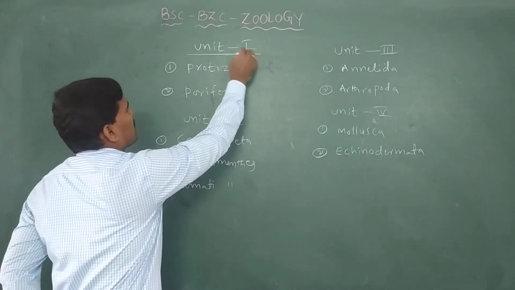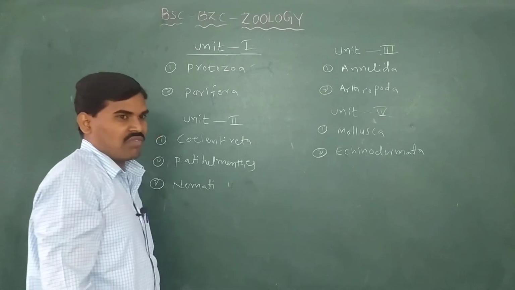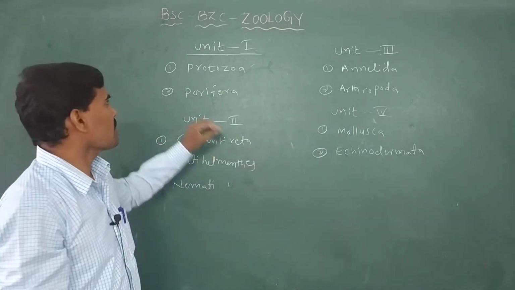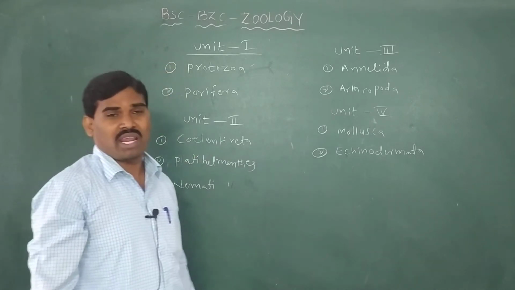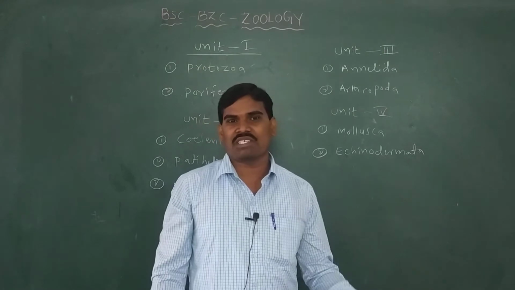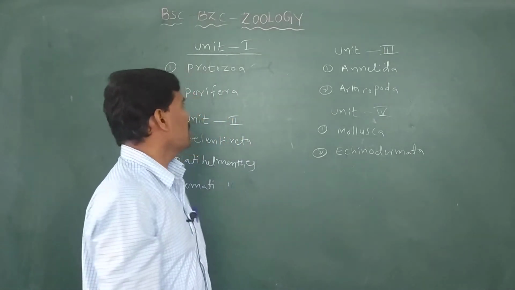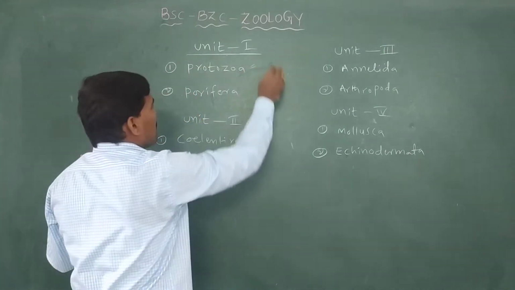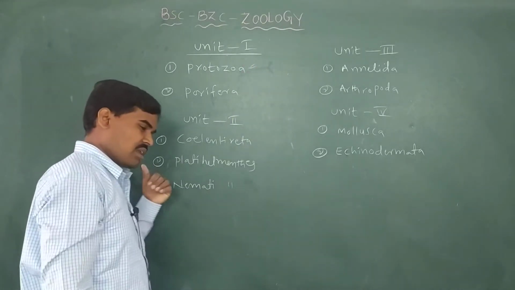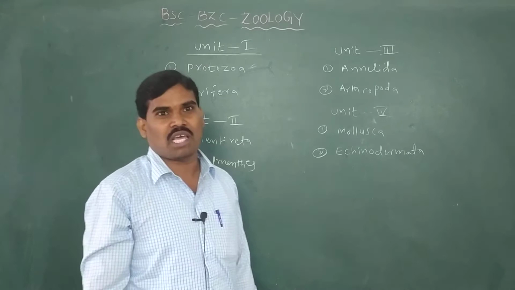The first unit: in the previous classes, previous years or intermediate levels, the phylums, general characters and classifications were already discussed. In BSc BJC first year also, general characters, classification and, in addition, one type study.